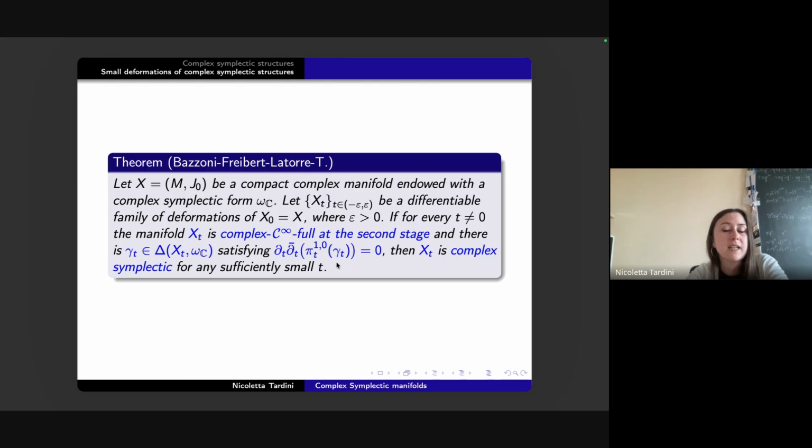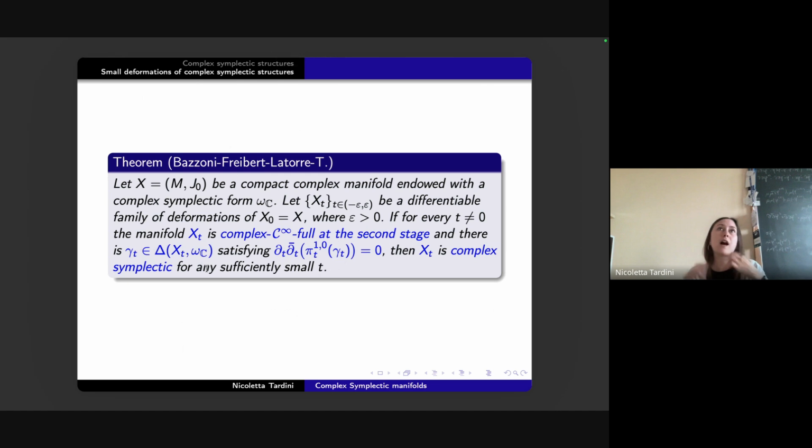This gamma t is a one form, and we want its component in B degree 1,0 for JT to be DD bar closed. If we have this, then the deformation is complex symplectic.